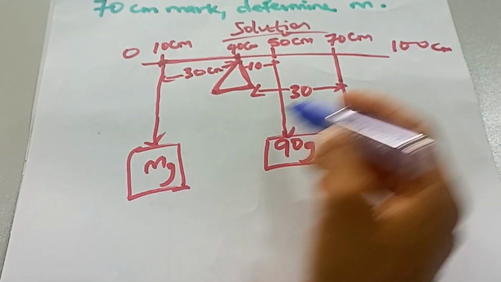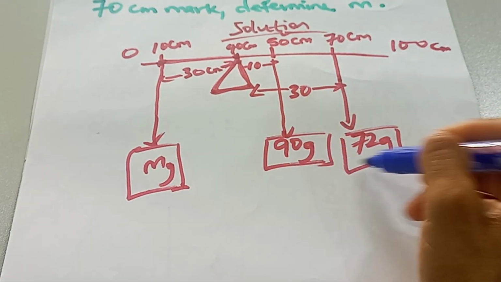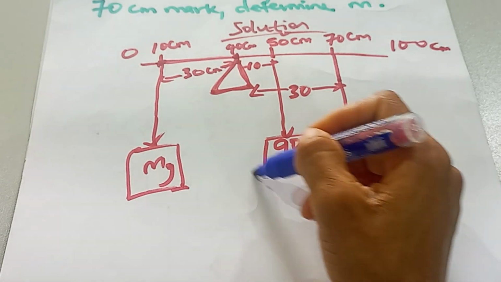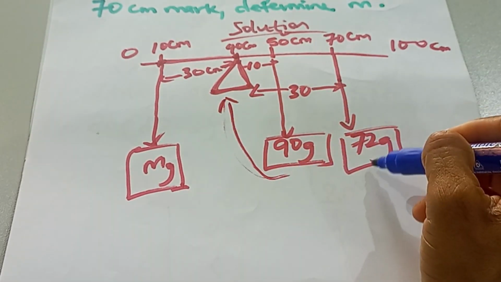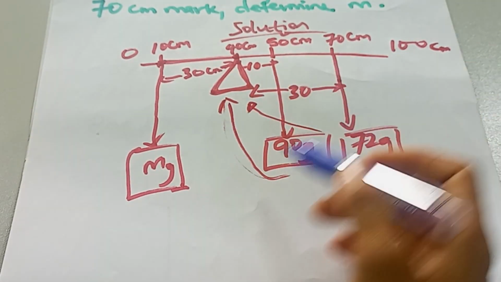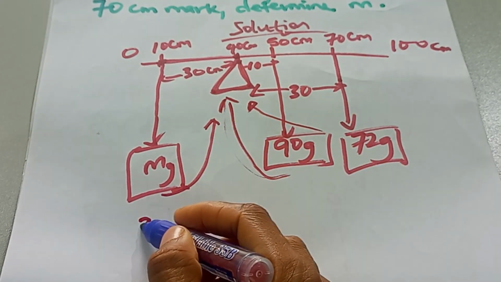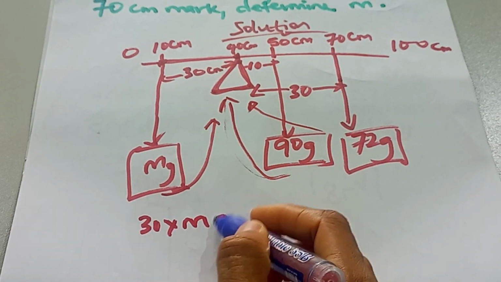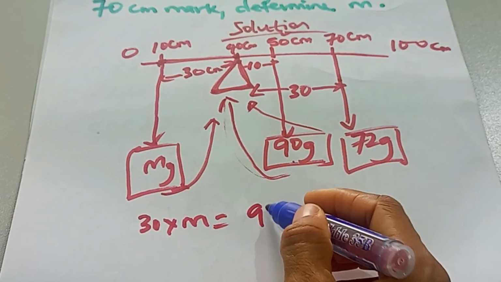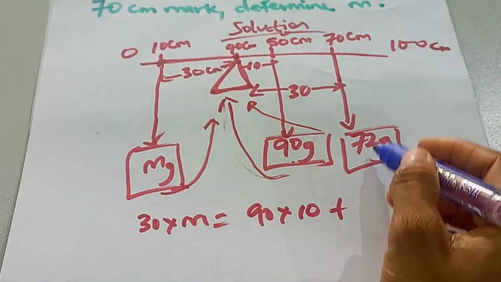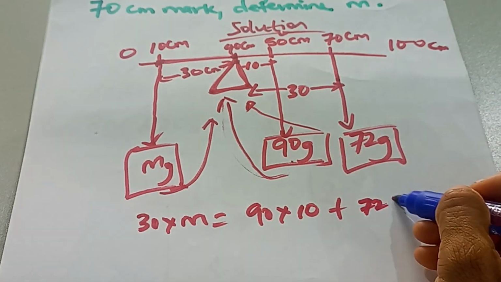Okay, now let's take our moment about this point. Remember, we have two on this side, so this one will go, then this one will also go. So we have 30 times m is equal to 90 times 10 plus 72 times 30.